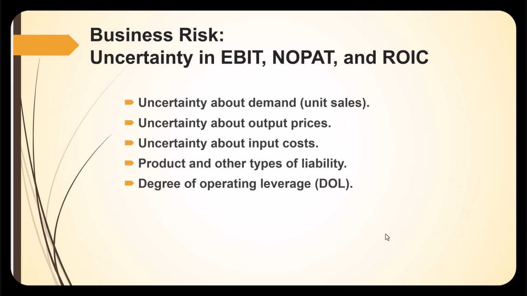Business risk is a very important factor in the overall cost of financing. What is the actual risk of running the business? The first four things here are sort of out of the control of the company: demand for your product, output prices, input prices, and liabilities for the products.